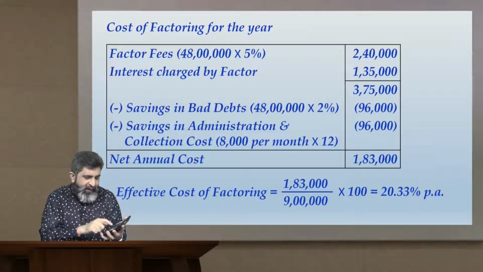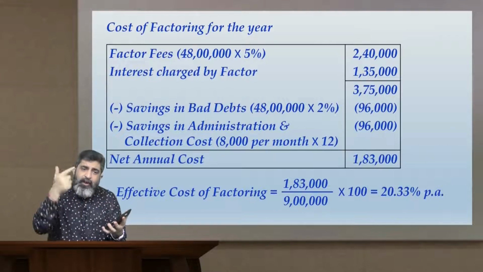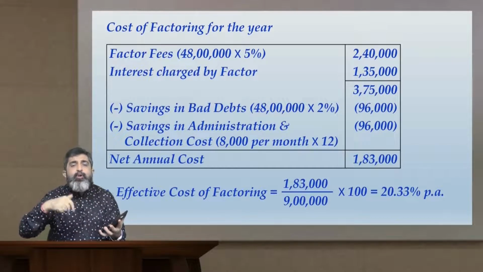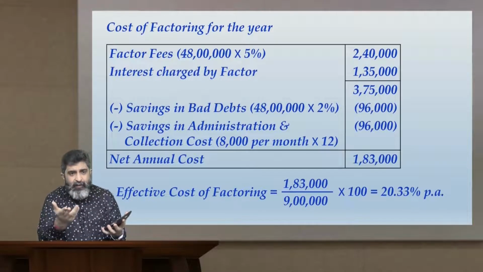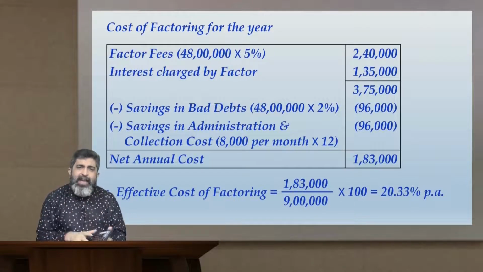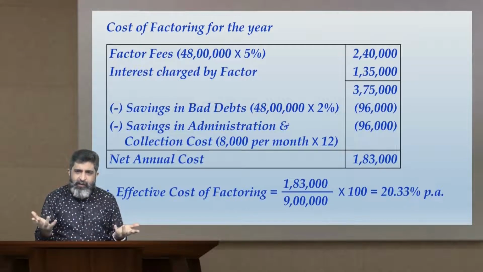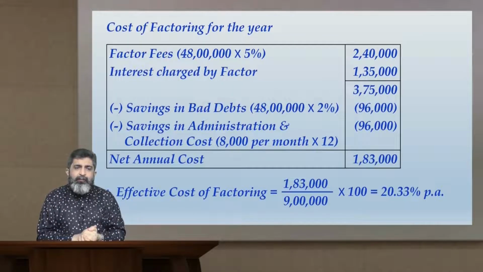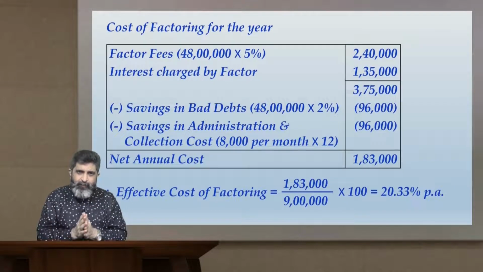So 9 lakhs into 15% into 3 by 12 comes to 33,750. So 33,750 is the interest cost for one cycle. For the entire year, where there will be 4 cycles, you multiply by 4 to get 1,35,000, which we have already reported on top, because we wanted to calculate for the entire year, not for just one cycle.